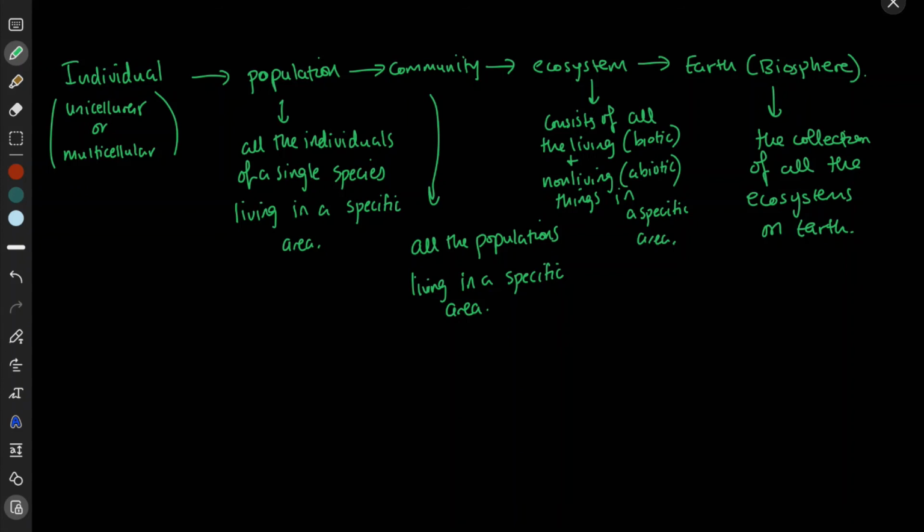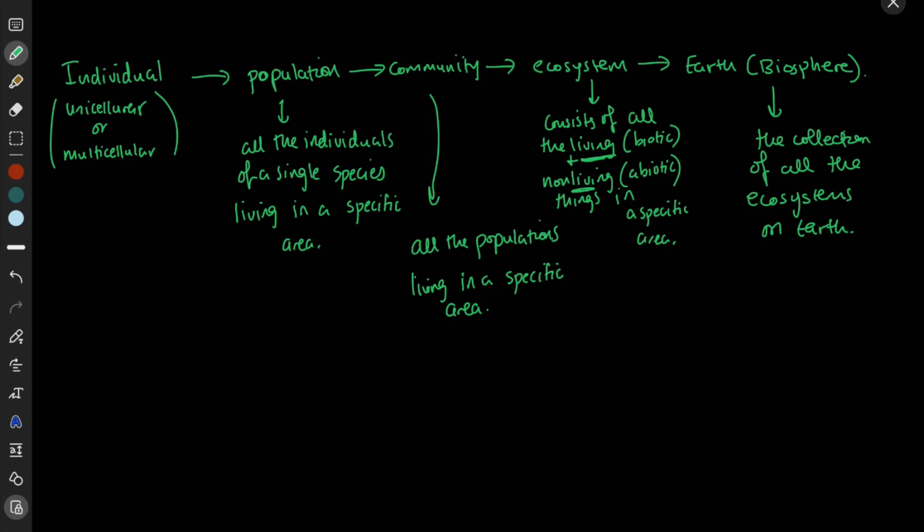In that specific forest. So again, a community is all the populations of all the different species living in a specific area, right? So it's going to be all the pine trees, all the other animals, all the plants living in that specific forest, okay?